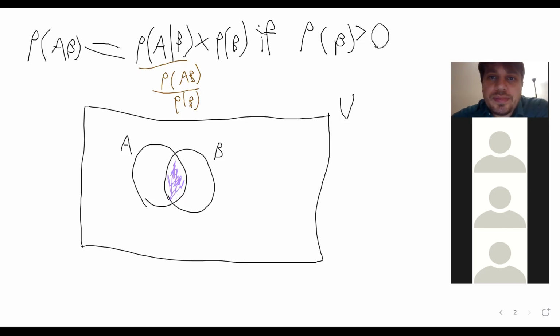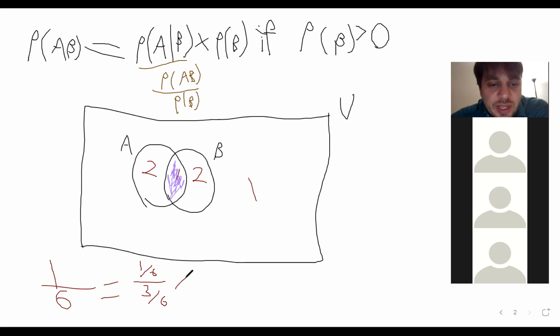So if I chose 2, 1, 2, 1, so it's 2 here, 1 here, 1 here, then the probability of A and B would be 1 out of 6, because there's one element out of the total 6 that are in A and B. The probability of A given B would be the probability of A and B, which is 1 out of 6, divided by the probability of B, which is 3 out of 6, times the probability of B, which is 3 out of 6.